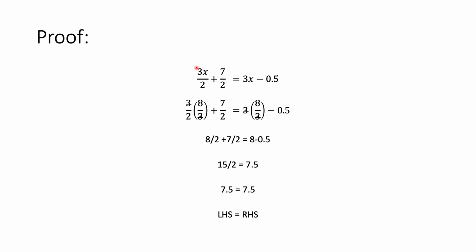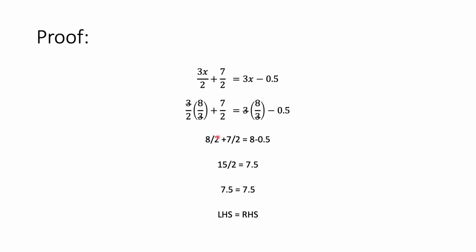So we put 8 over 3 wherever there is x in this equation. So we have 3 over 2 multiplied by x, which is 8 over 3, plus 7 over 2 equaling 3 multiplied by x, our x again is 8 over 3, minus 0.5.